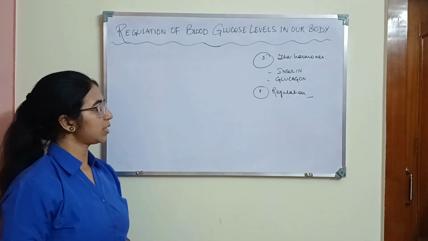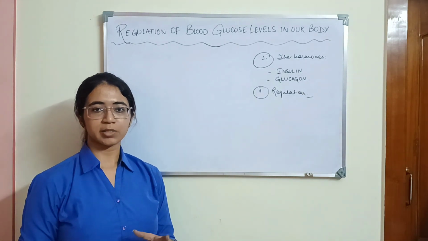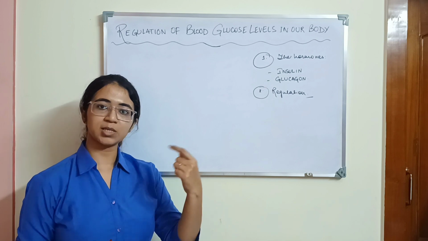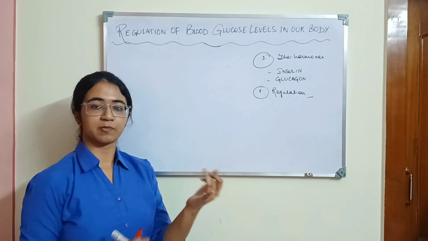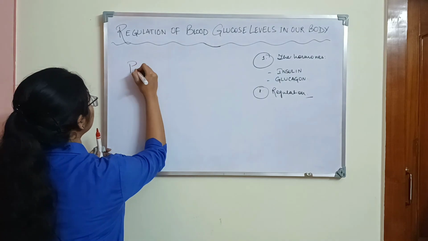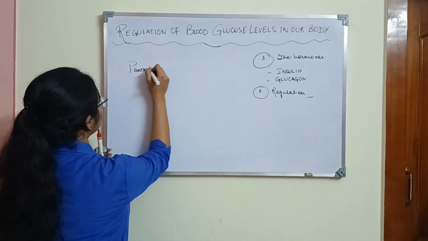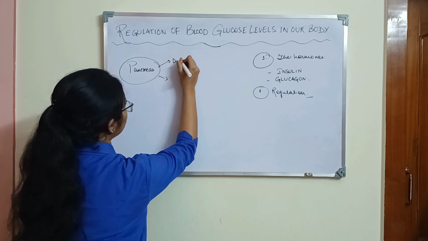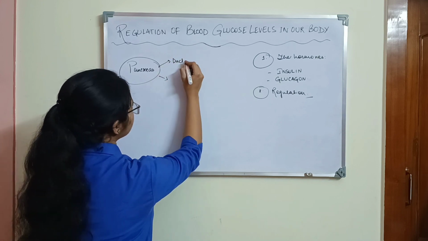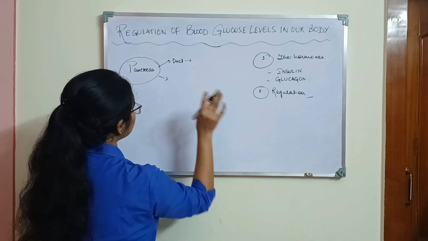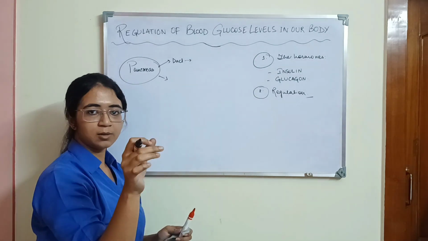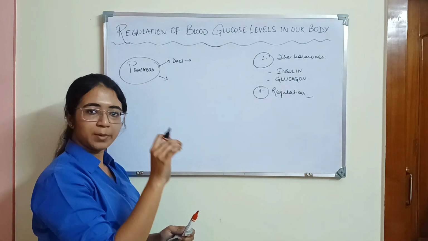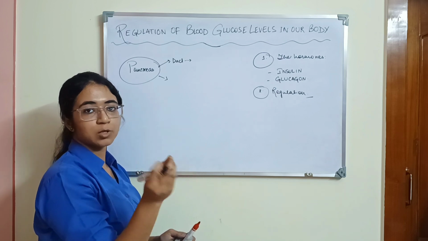Okay, so we know that there is an organ named pancreas in our body. It has two functions, a duct function and a ductless function. The duct one we are not considering at the moment because it is not what we are going to study today. Pancreas has a duct through which it pours out its secretion, pancreatic juice, a digestive enzyme, into the duodenum.